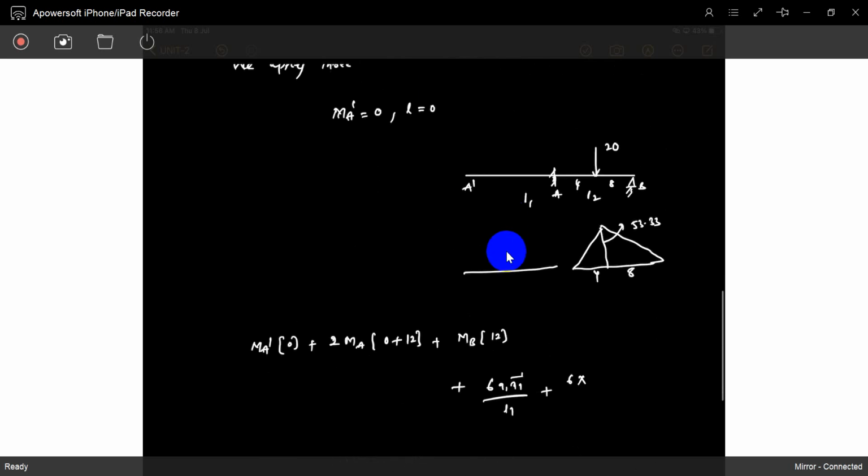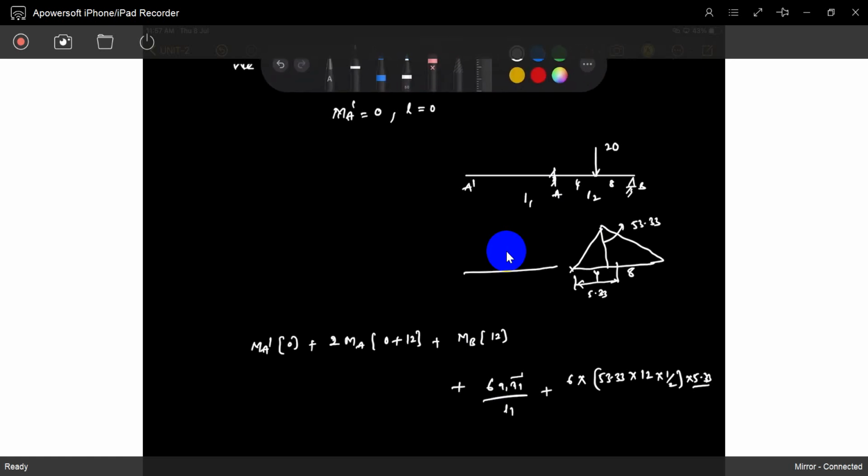So 53.12 into half, and the centroidal distance is 5.33 from this point. But one thing you have to remember: for the second span, we have to take the centroidal distance from where? From this point. Understood?